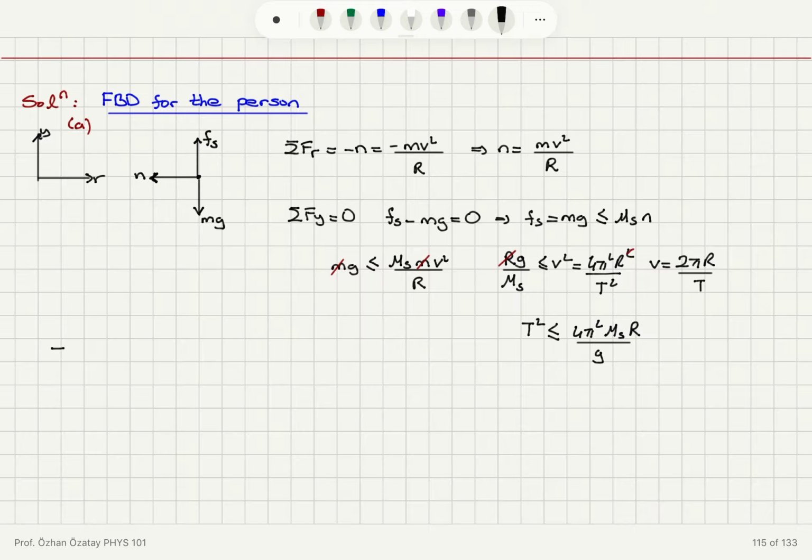So therefore, the maximum period I can have in this case is equal to the square root of 4 pi squared capital R mu s divided by gravitational acceleration g.